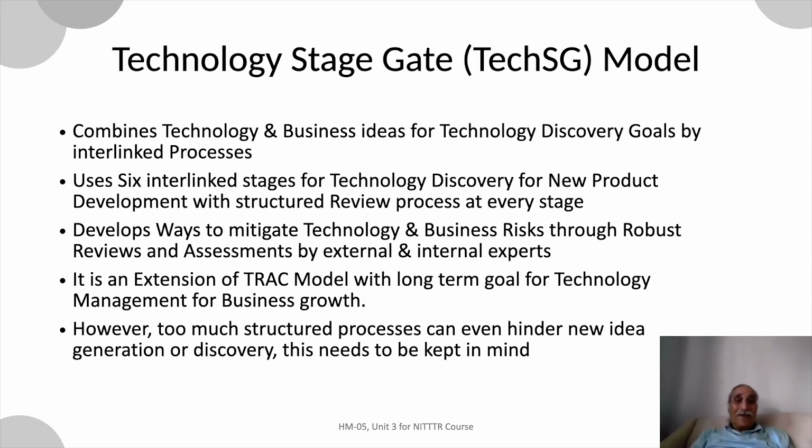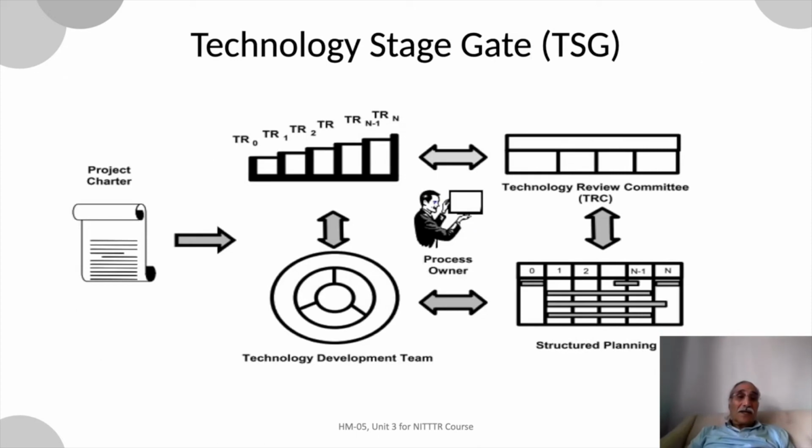You will see that there is a great similarity between the earlier model and the current model, and when we see the diagram, the only difference is that the process owner now is the inside team. That means this technology gate is happening within a firm, and it's their internal process that's being developed. In the earlier process, it could be shared with others.